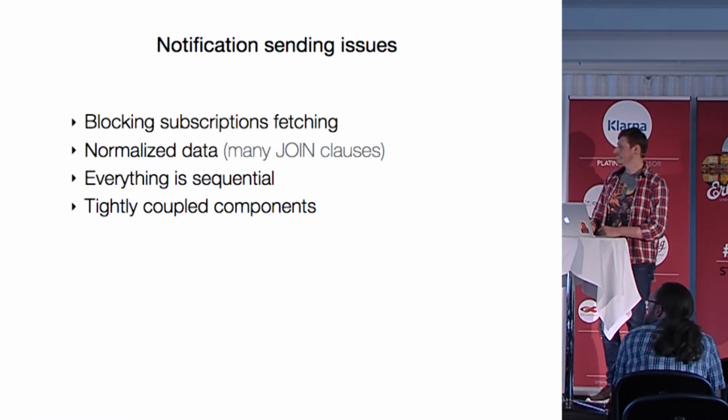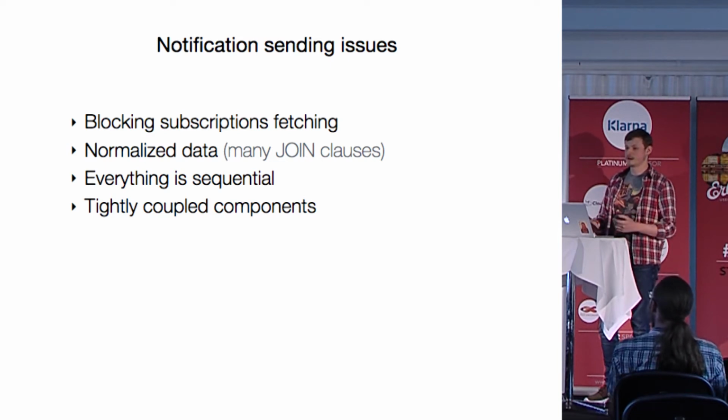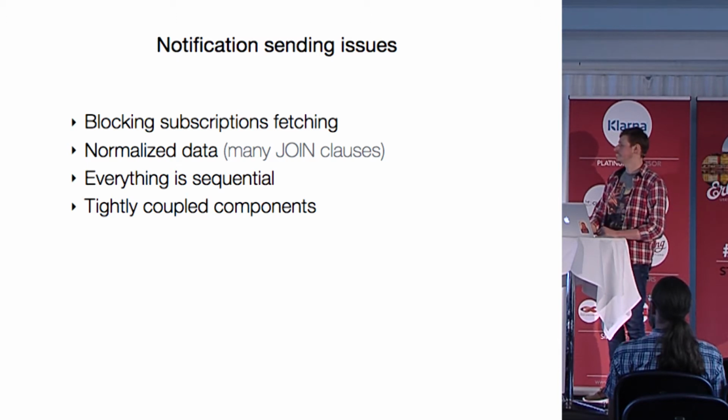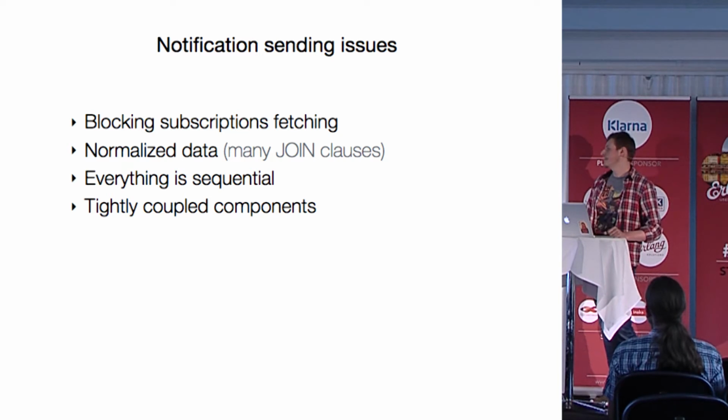And this has several issues. First of all, as I said, it's blocking. You're not sending notifications at all while we're fetching these subscriptions. And we have normalized data, and this is why it's slow. And everything's sequential.